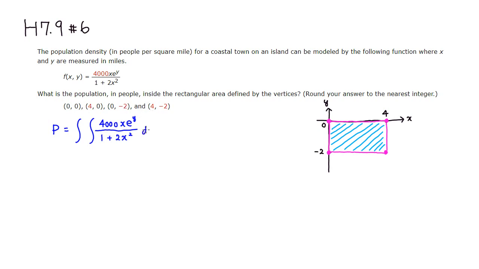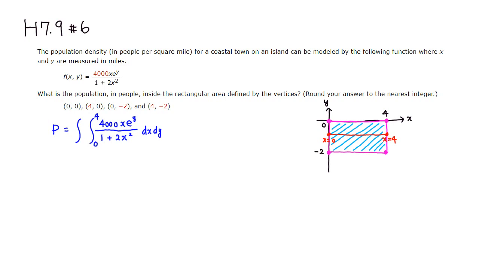I'll probably just do it with respect to x and then with respect to y. For a fixed y, x always goes from x equals 0 to x equals 4.